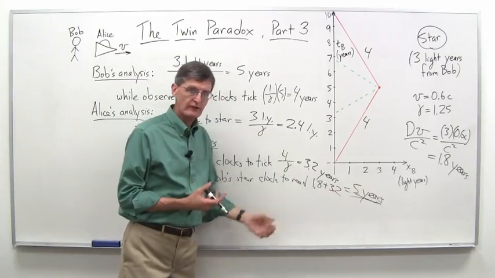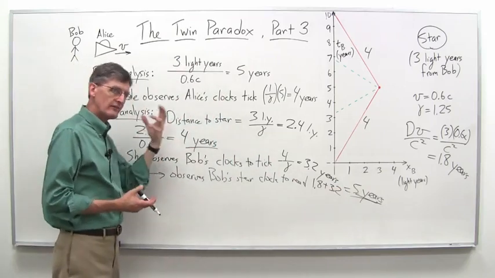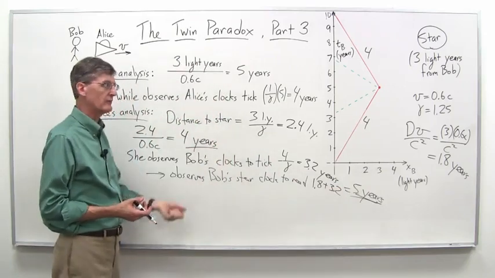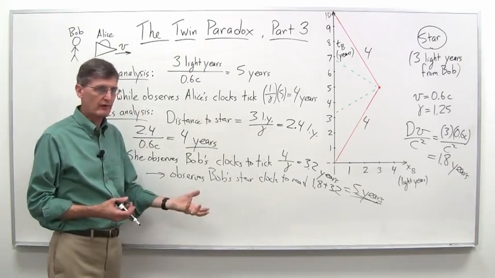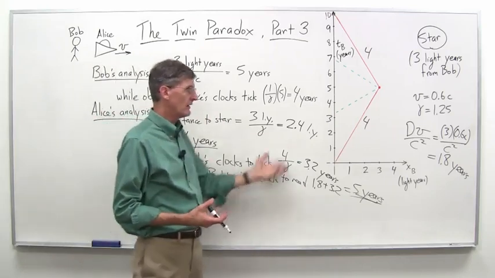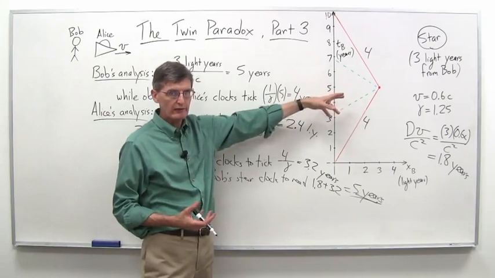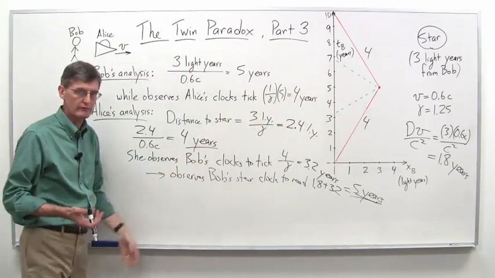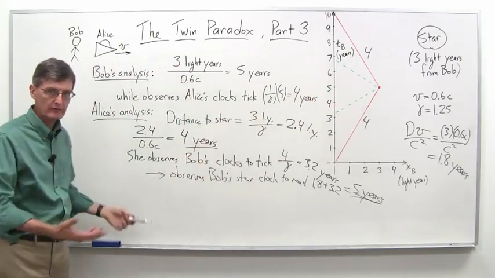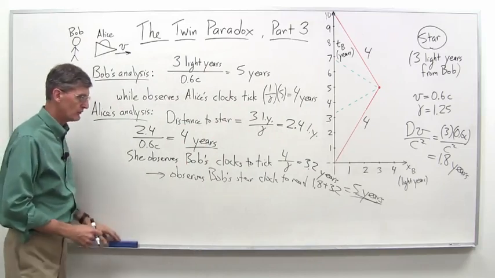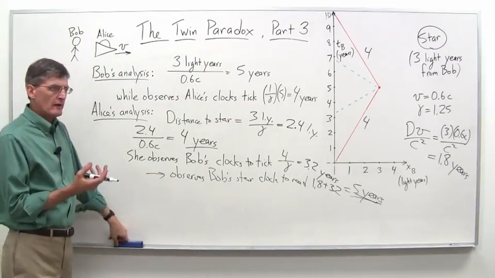And so she gets 5 years too. Yes, Alice says, I understand why your clock reads 5 years, but it's not because you think they're synchronized. It's because from my perspective, that clock was already ahead 1.8 years, and then your clocks ran slowly for 3.2 years. But they both agreed. The photographic evidence would say 5 years for that.